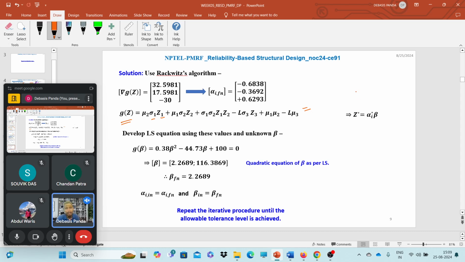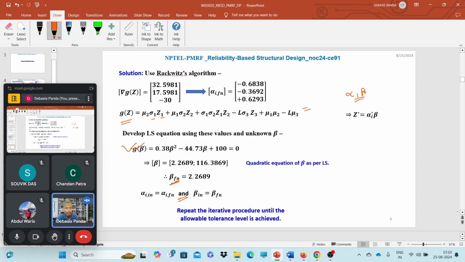Now instead of z, you can write the alpha and beta terms. So you will get a quadratic equation. You need to find the root of this equation, so you will get the beta corresponding to those alphas. Once you get that beta, you need to find the direction cosines again, and this iteration will continue until you get convergence or meet your stopping criteria.